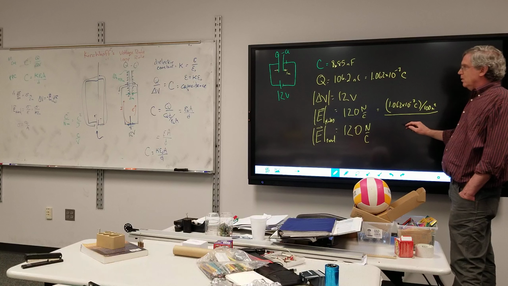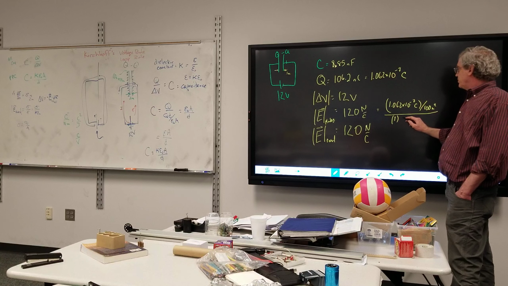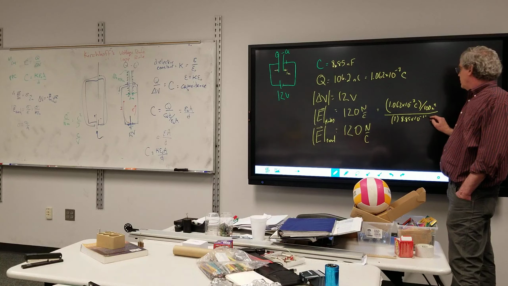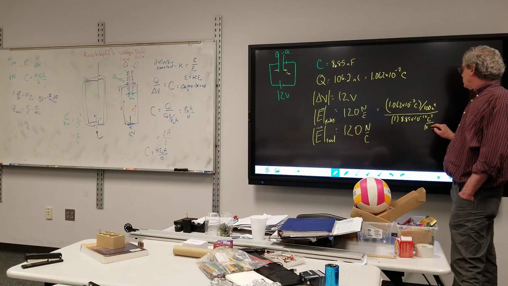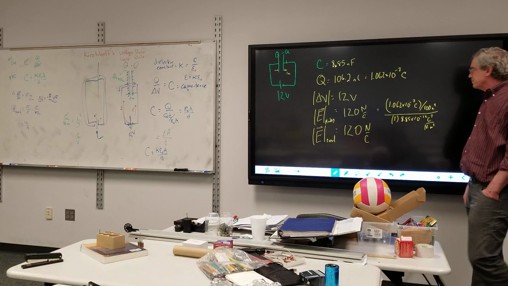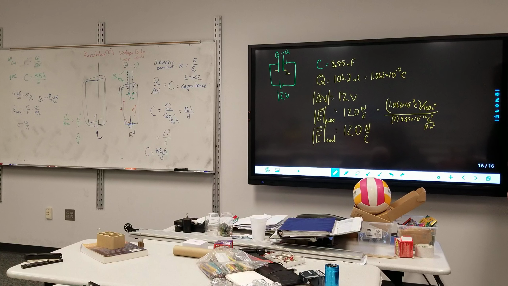That's sigma, over kappa, which is 1, times epsilon naught, 8.85 times 10 to the negative 12 coulombs squared per newton meter squared. And ultimately, you're left with newtons per coulomb, and it should come out to 120. If it doesn't, there's a mistake somewhere. Questions?